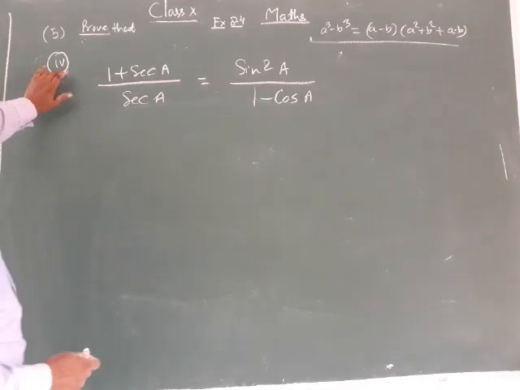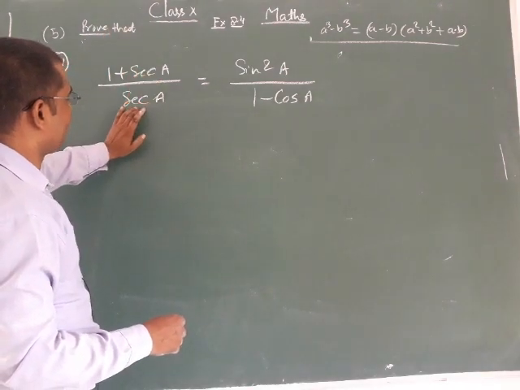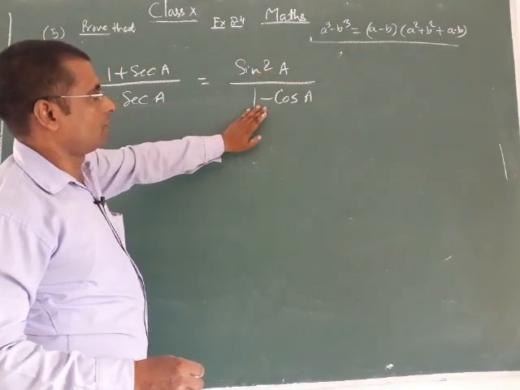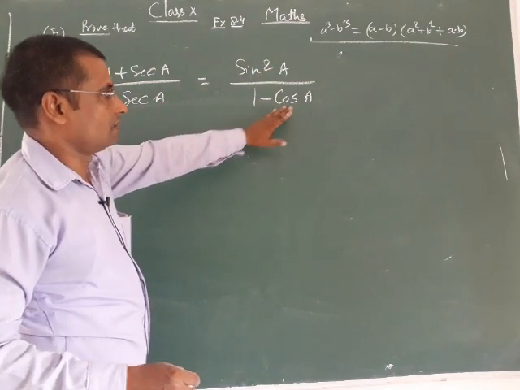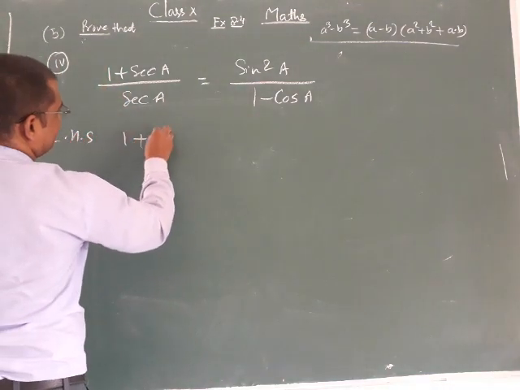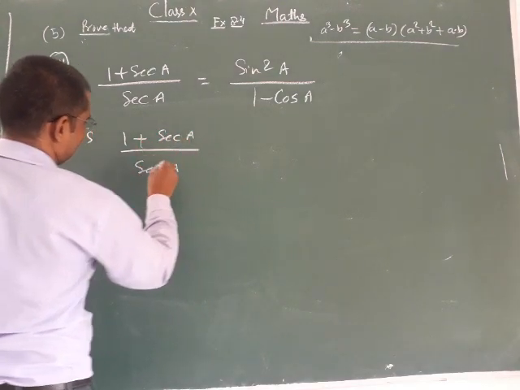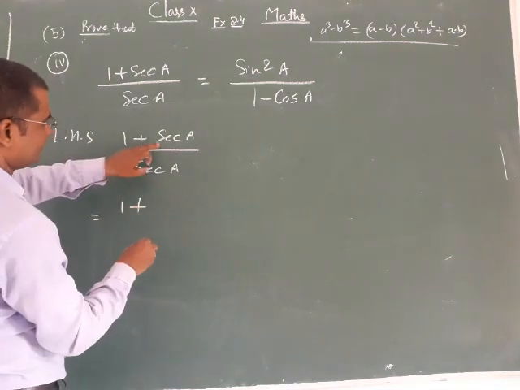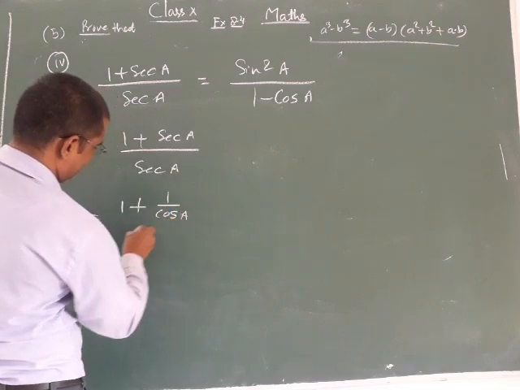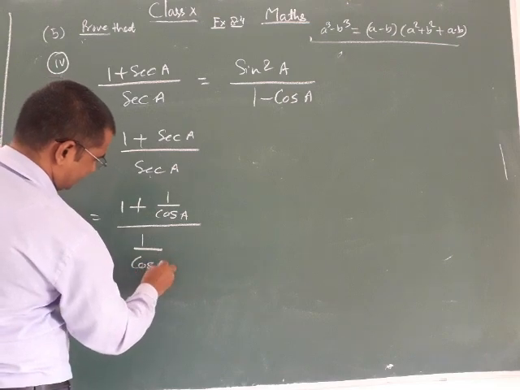Fourth part, in fifth question. Prove that 1 plus sec a upon sec a is equal to sin square a upon 1 minus cos a. So now taking LHS, 1 plus sec a upon sec a. So 1 plus sec a changes into 1 plus 1 upon cos a, upon sec a, which is 1 upon cos a.